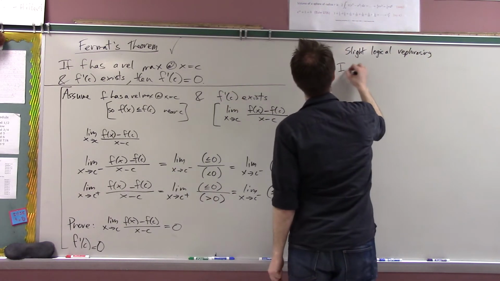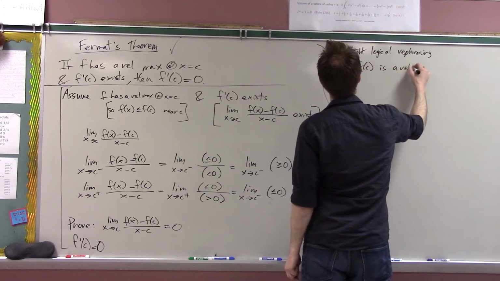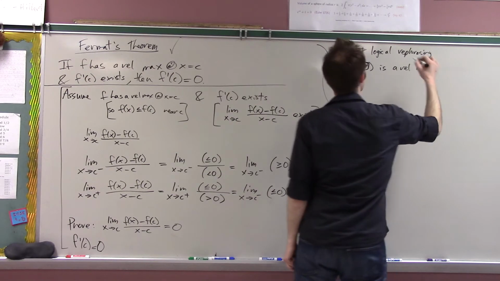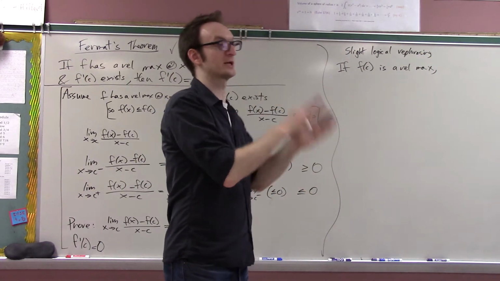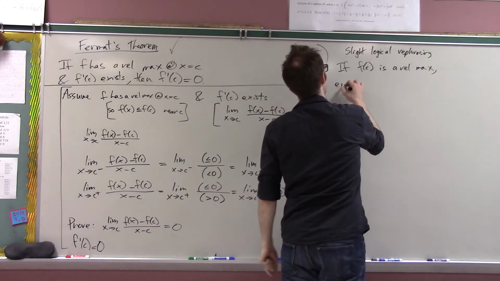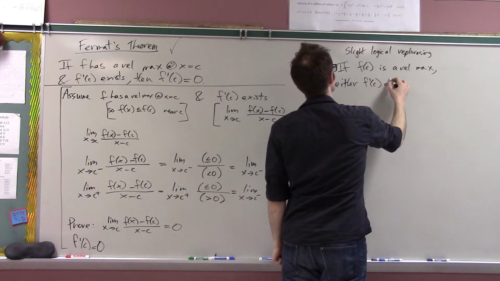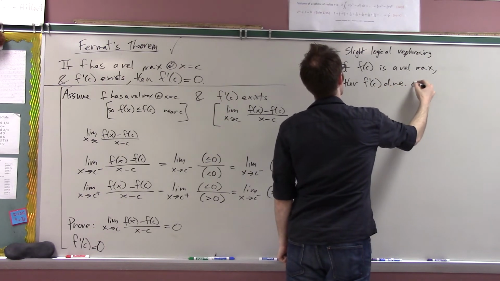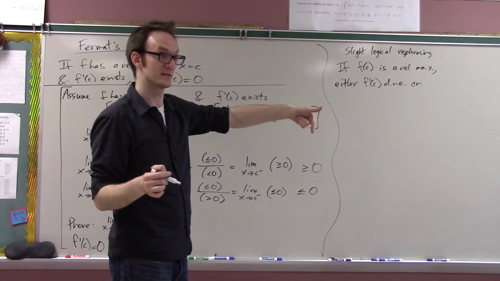If f of c is a relative max, then there are really only two possibilities. Either the derivative exists there or it doesn't. So I'll write either f prime of c does not exist, or f prime of c does exist.